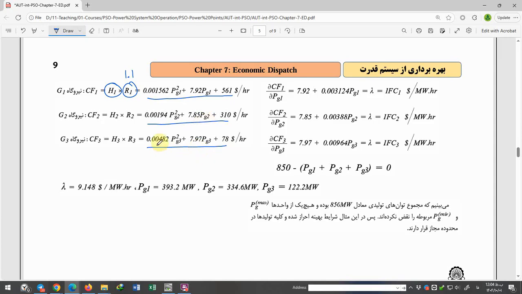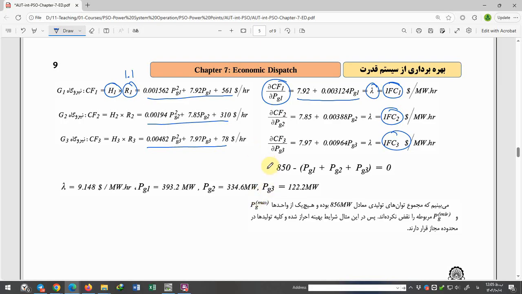And after that we have to find the rate of cost function on active power, the derivative of cost function on active power, and we write that here and call it lambda, increment of cost function, number 1, number 2, and number 3.